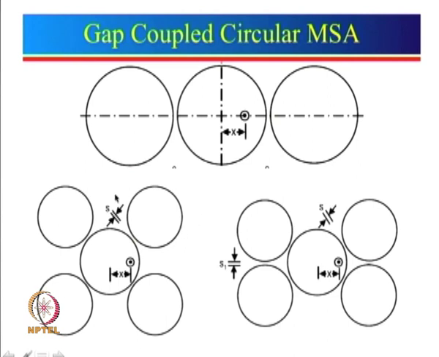Now, then we also came out with a slightly different configuration over here. You can think about this configuration as a kind of combination of this, but you can think that this is the radiating edge, that was the term which we had used for the rectangular patch. This is of course not an edge here. So, we can say that it is put along the E plane instead of calling it a radiating edge coupled.